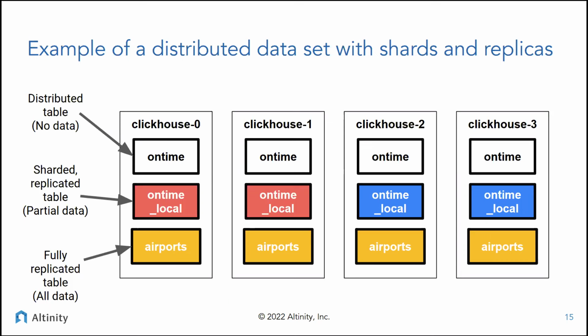And then finally, if we'd like to do queries where we're querying the entire set of shards, we have what's called a distributed table. It has no data, but it knows where the underlying shards and replicas are located, and it can send queries off to them. Let's go ahead and dig in and show how this whole thing was set up.